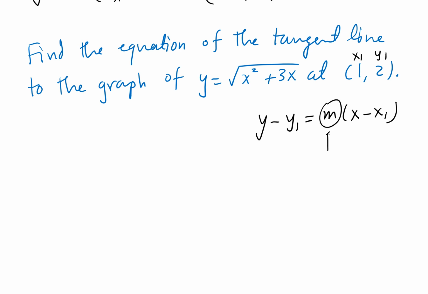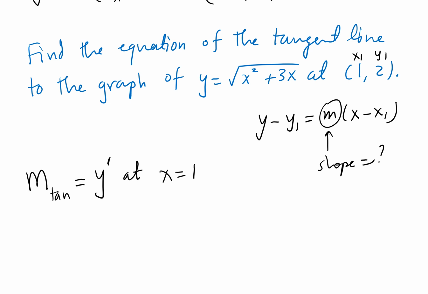What is the slope? What does it equal to? We defined before the slope of the tangent line. It's the derivative of the function at the given x value, which is 1. So I need to find the derivative first for the given function, the square root of x squared plus 3x, which I can rewrite as the 1/2 power.